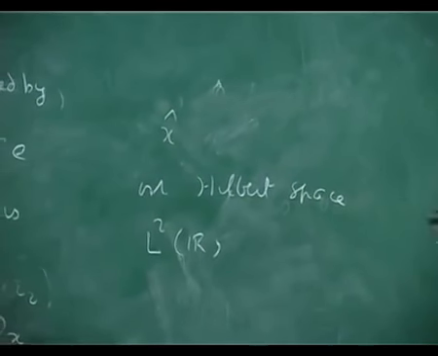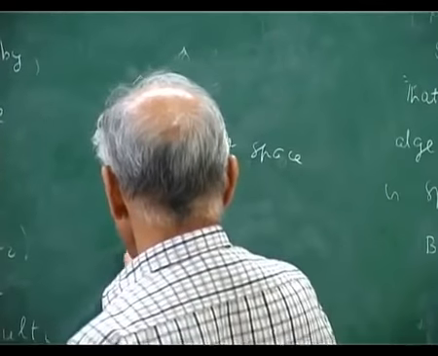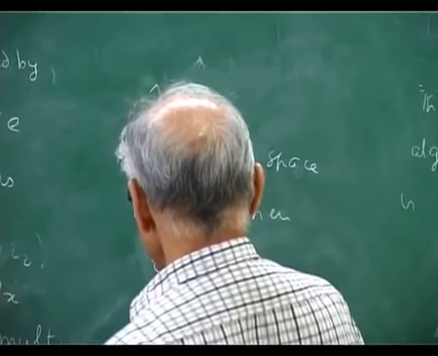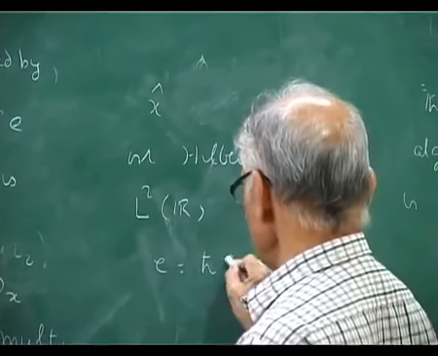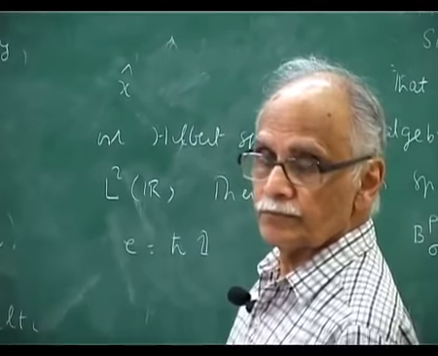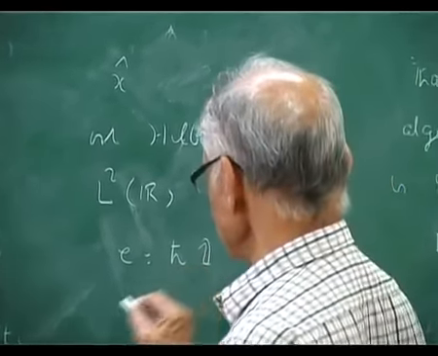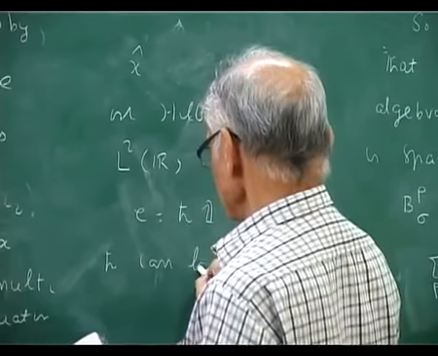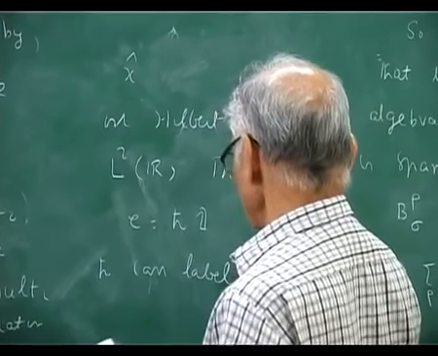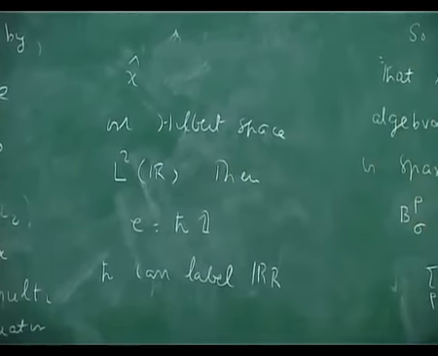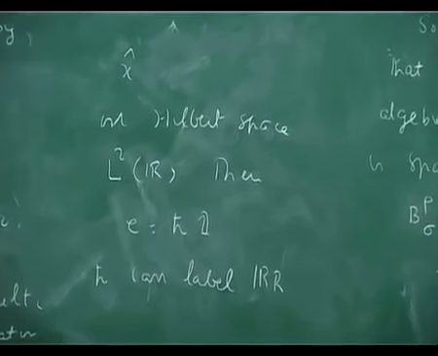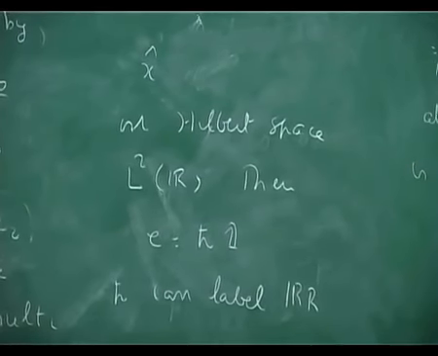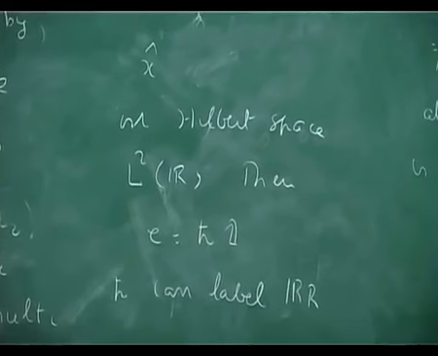Let me finish it off. Then E is h bar times the unit operator. So h bar can label the IRR. Planck's constant is a label of an IRR. If you change it, you will get different inequivalent irreducible representations of the Heisenberg algebra.